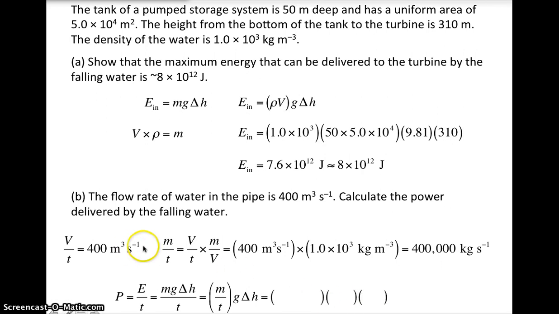M over T we just found, it's 400,000. G we know, that's 9.81. And delta H is also given, that's the same 310. So you solve to get your answer: 1.2 times 10 to the 9 watts, or we could write that as 1.2 gigawatts.